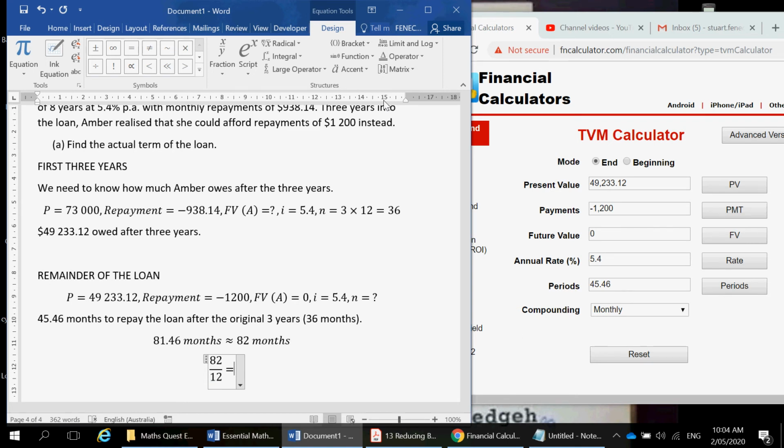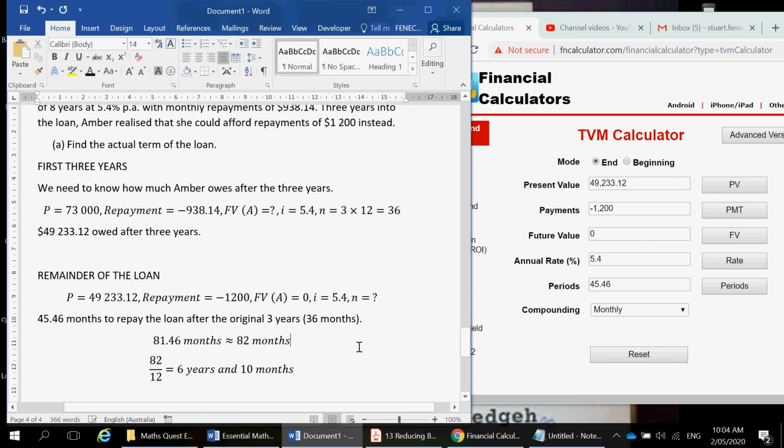If you did that normally, you go 6 12s. 6 times 12 is 72, which leaves you with 10 months left over. So 72 months is 6 years, and there'd be an extra 10 months to get to 82.